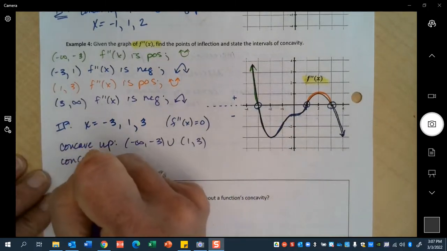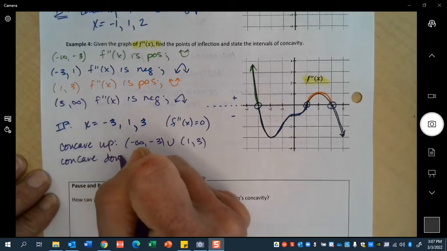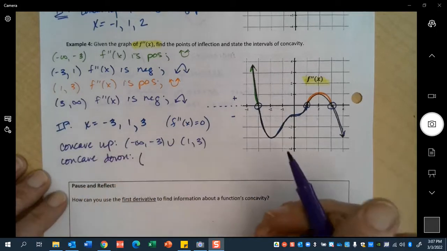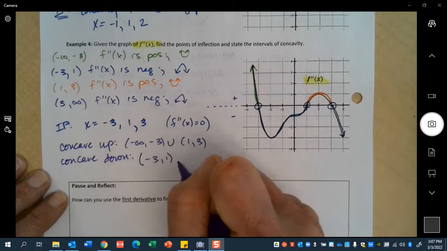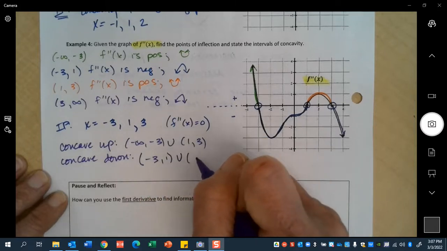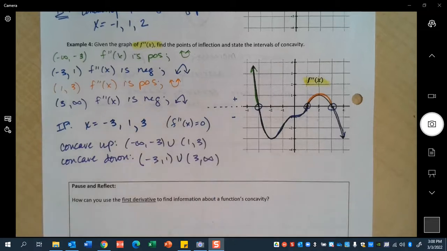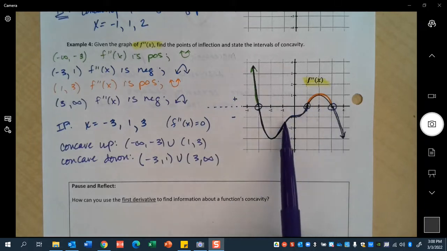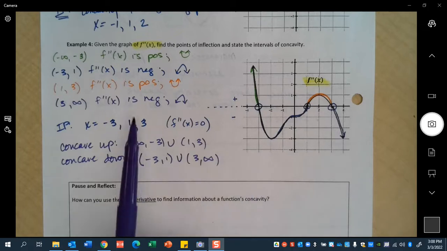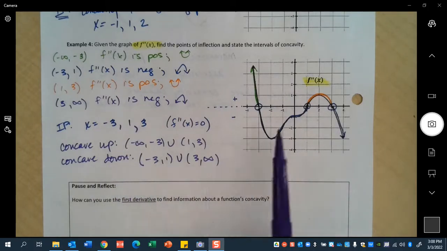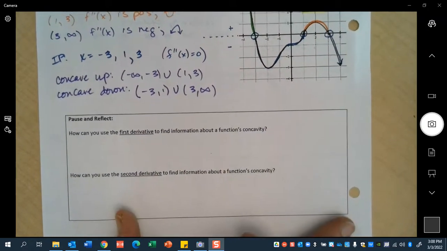My original graph is concave down on the intervals of -3 to 1 and 3 to infinity. What's interesting is we can look at this being some sort of function that's kind of wackadoo when we talk about how many changes in concavity it has for that original function.